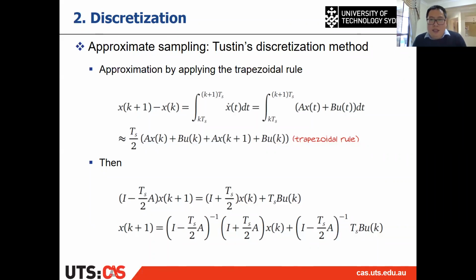So Tustin's method is another way around, which means Tustin's method comes from the integration instead of the derivative. All right. So the change between xk plus 1 and xk is equal to the integration of the derivative of x with respect to t, the integration of this x dot from k to k plus 1.